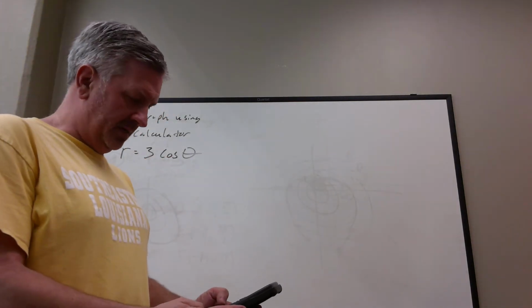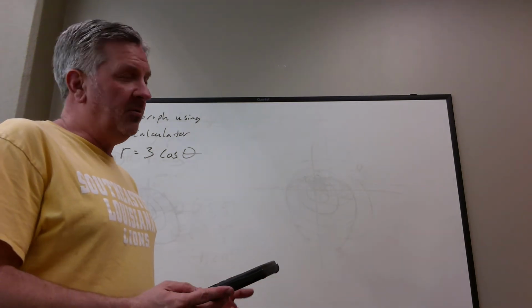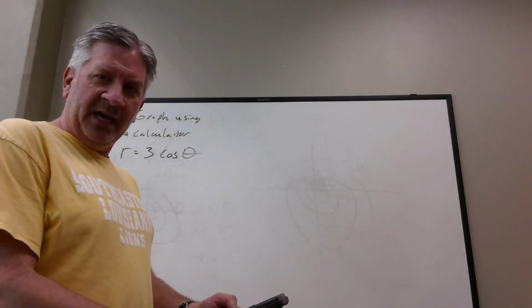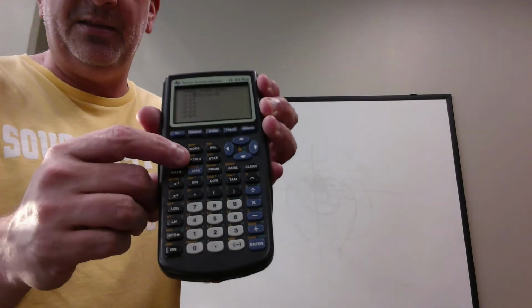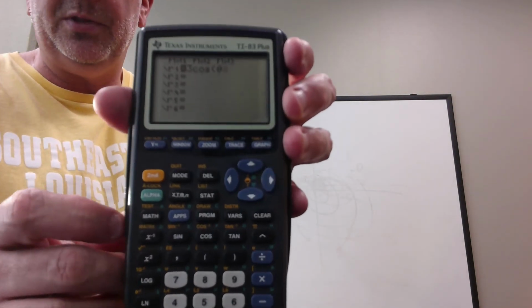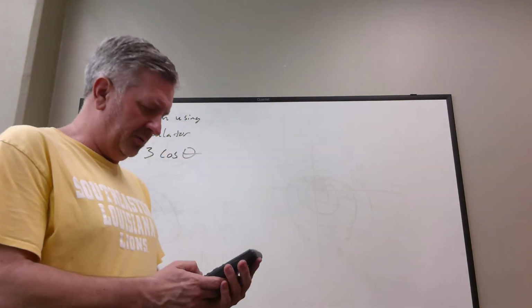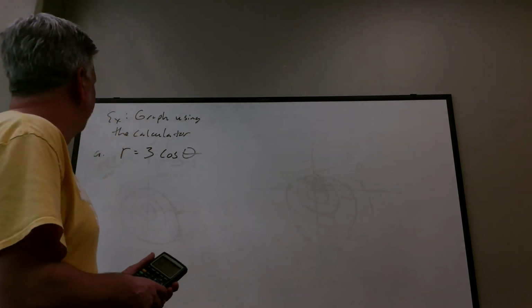Now where do you get the theta from? Well, where did you get the x from? The button where you always got x, it says X,T,theta,n, the button that's right there. If you hit that now, it'll put the theta in instead of x. Okay? So let me close out that parenthesis. So now I have R1 equals 3 cosine theta.